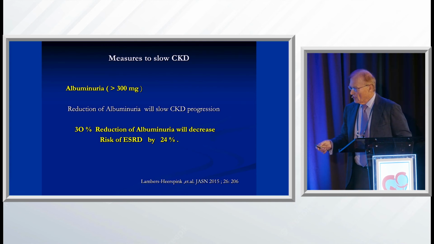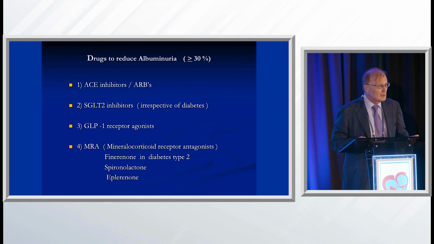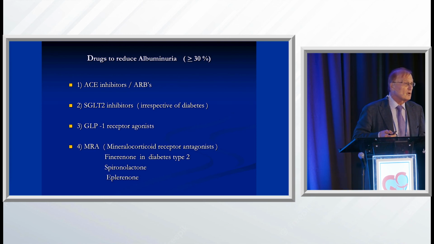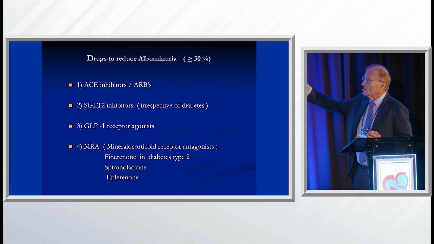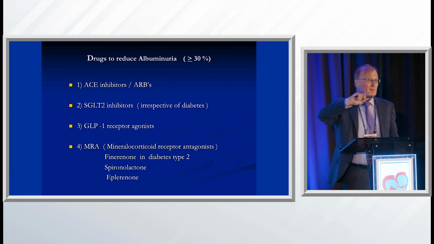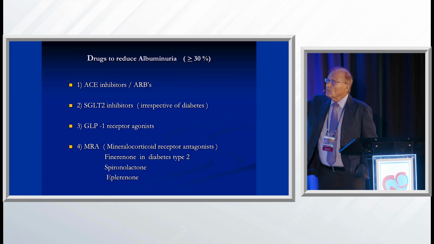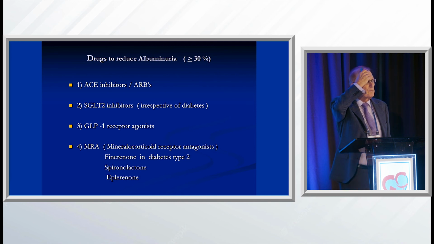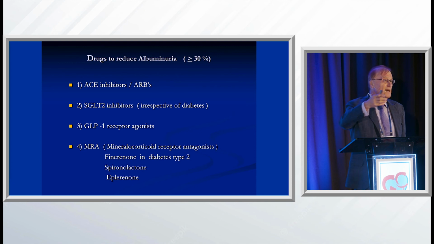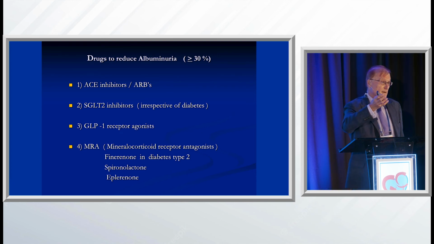Okay, so because albuminuria is so important, I'll just give you the drugs which at least will lower your albuminuria by 30%. And it's the ACE inhibitors and ARBs, in max tolerated doses. For the SGLT2 inhibitors, we just pick one dose. They do all about 30-35%. GLP-1 receptor agonists turn out to really improve your endothelial dysfunction. They're not great for heart failure, but they do reduce MIs and CVAs, which is kind of interesting. And the SGLT2 inhibitors don't do much for MI and CVA, but they're great for heart failure, and they're great in nephrology.